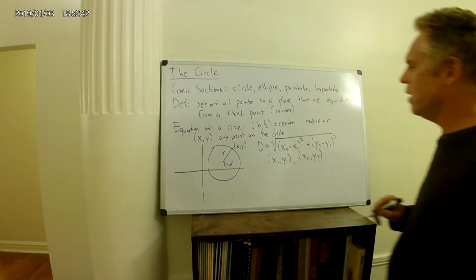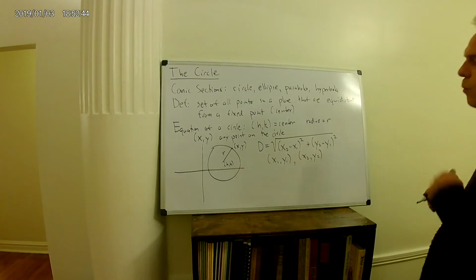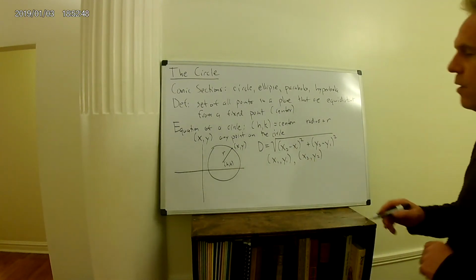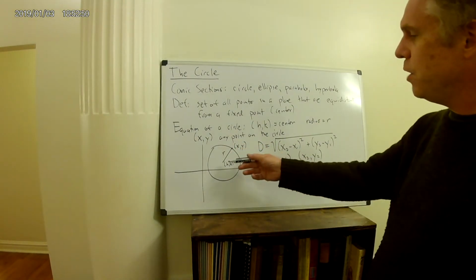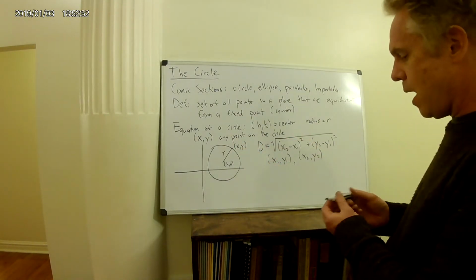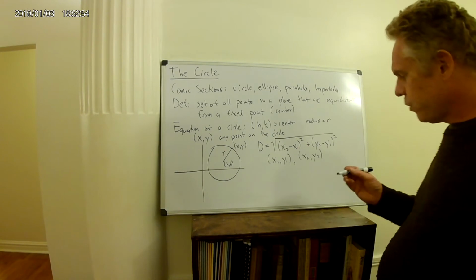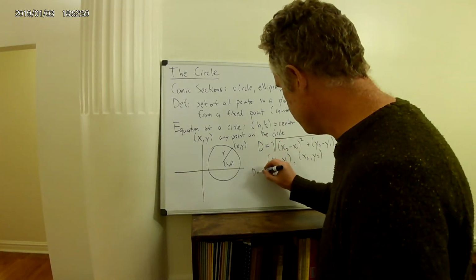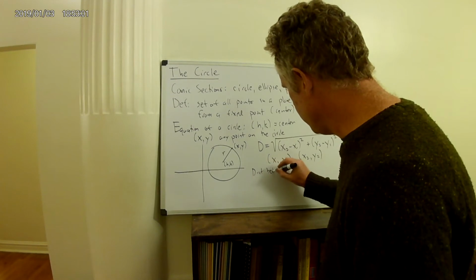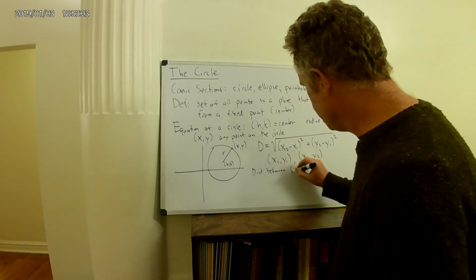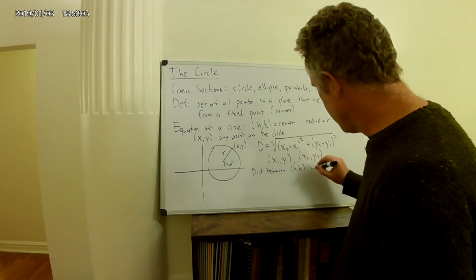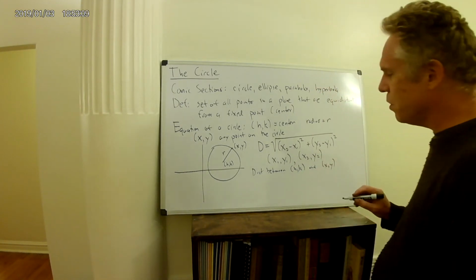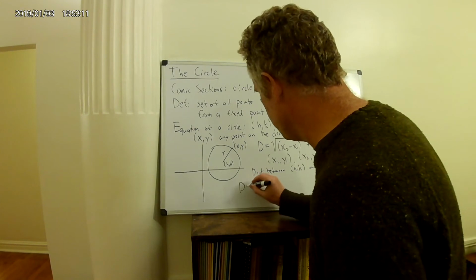So this formula gives the distance between these 2 points. So we're going to apply this formula to our circle. Let's find the distance between the center (h, k) and the point (x, y). If we use our distance formula, then d is the distance between those 2 points.